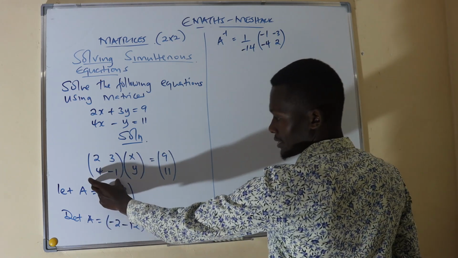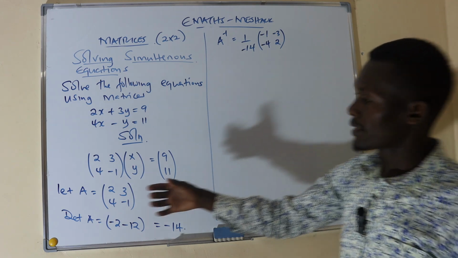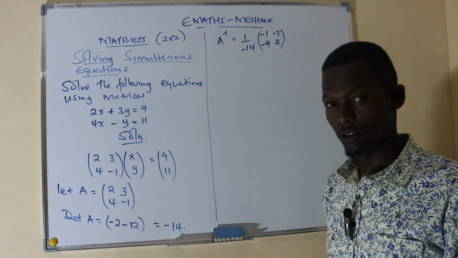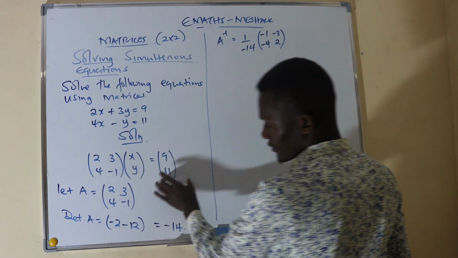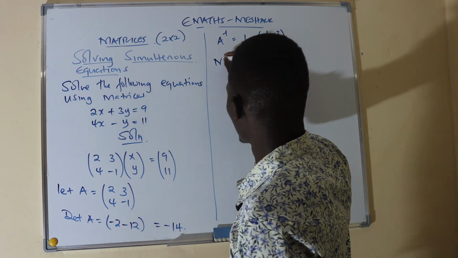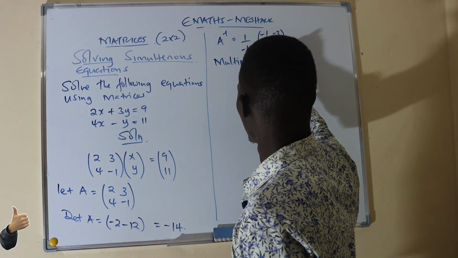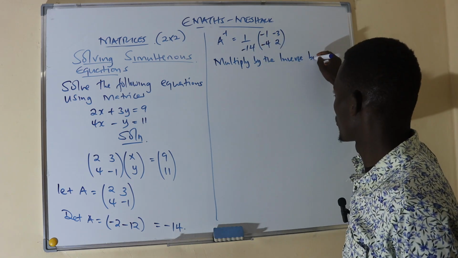Remember, we're dealing with this matrix together. From this point, we shall multiply this inverse on both sides of this equation, the left hand side and the right hand side. So we multiply by the inverse both sides.